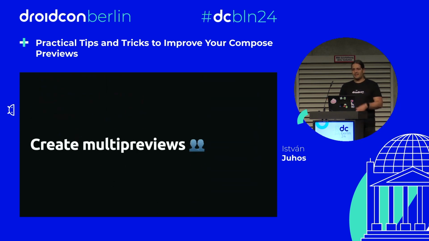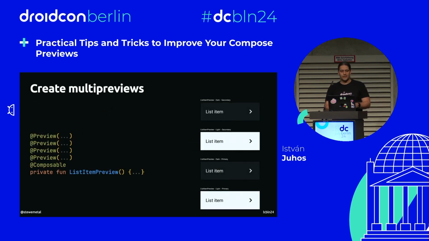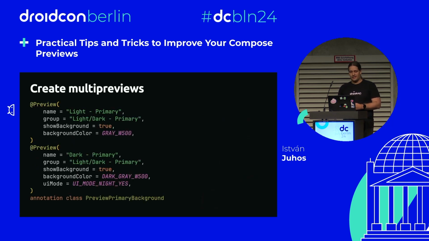And how we can mitigate creating tons of previews all over the place in our project, we can create multi-previews. This is kind of a new feature, not that new anymore, of course, but a really enjoyable thing to have. Back to our example, we have 4 previews on this preview, and we can group them together.